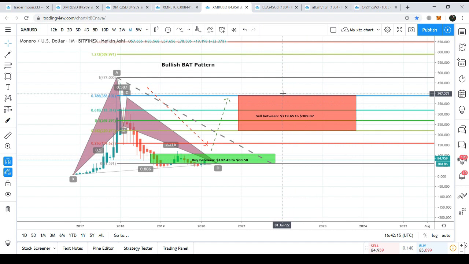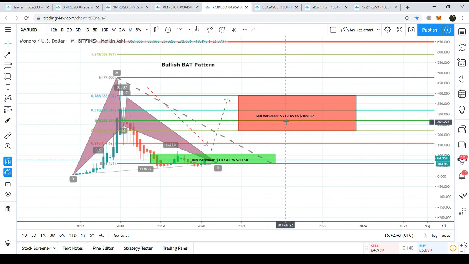Even though this is the behavior of crypto, that most of the time it makes higher than the previous highs. For example, in 2017, it gave us $477. This time it will give us more than $477. But I'm just talking about as per this Fibonacci projection of this bullish bat pattern, we can easily enter or target this sell zone.